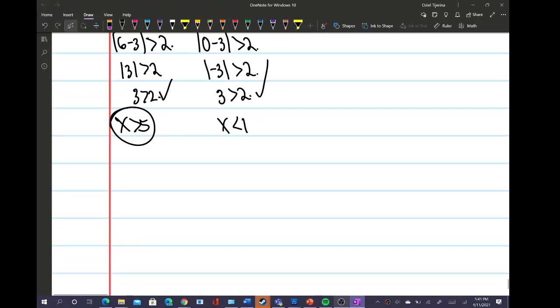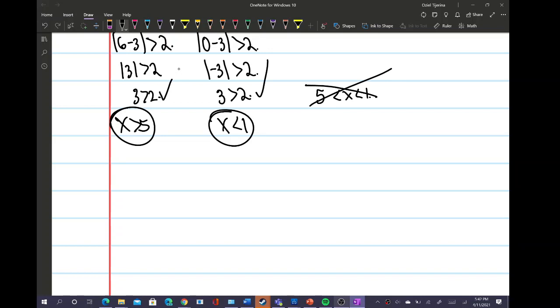So your solutions, now if you want to write this in interval notation, not that they would ever make you do this, but if you do want to, remember, like I said a few videos ago, you cannot write 5 is less than x is less than 1.